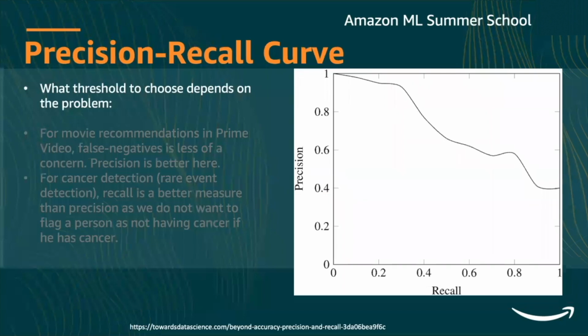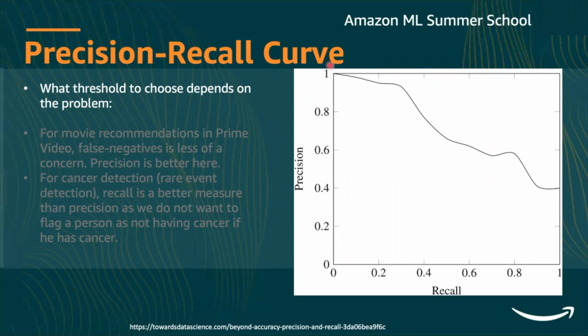Now, when deploying a model in real life, as I said, you have to take into account various metrics, various thresholds, right? So a good practice is to plot a precision recall curve, right? And as I said, how do you decide the threshold? The threshold depends on the problem at hand. So let's take an example.